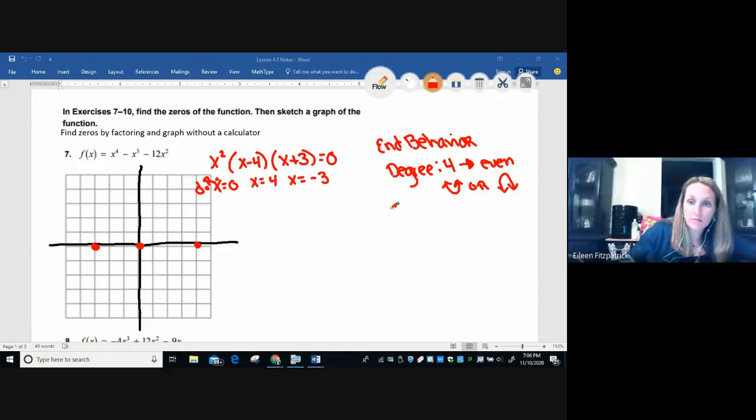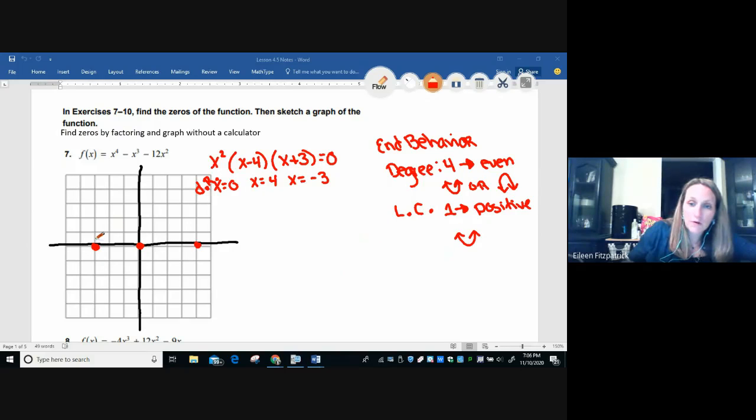Degree 2. My lead coefficient is going to tell me if both ends are up or both ends are down. My lead coefficient is a 1, which I don't really care about the number. I need to know is it positive or negative. It's positive, so both ends are up.